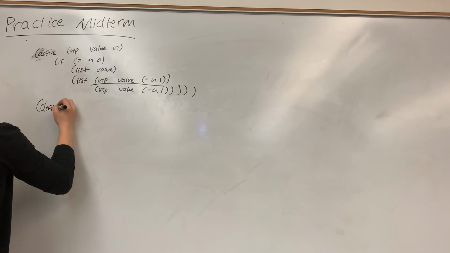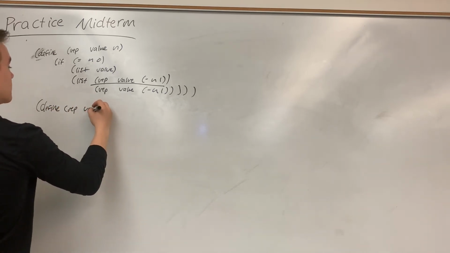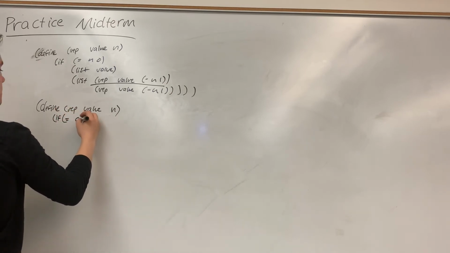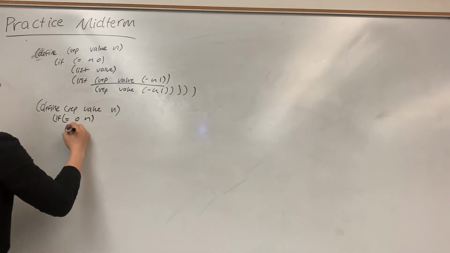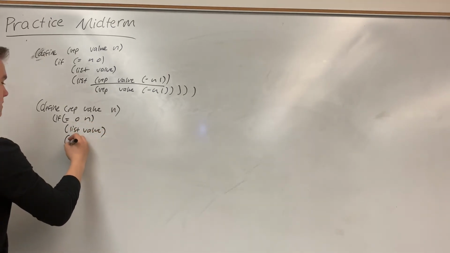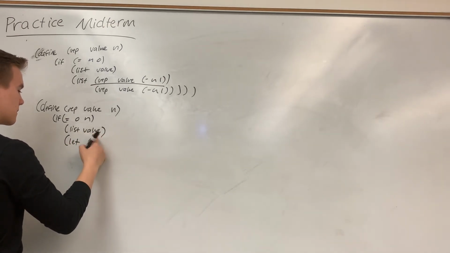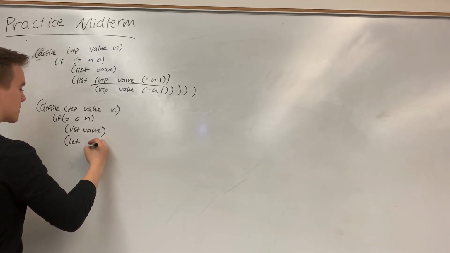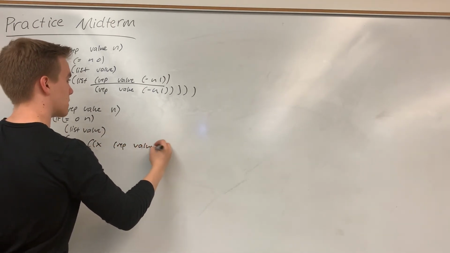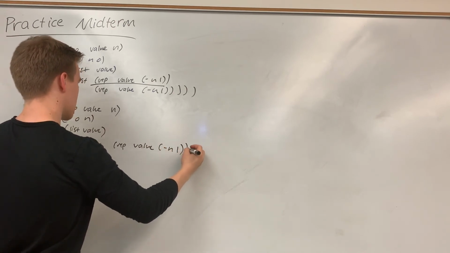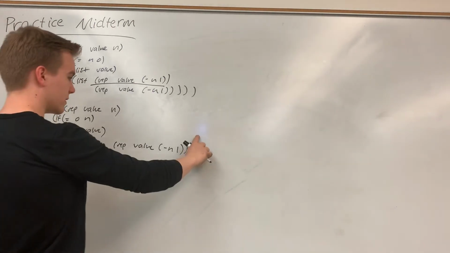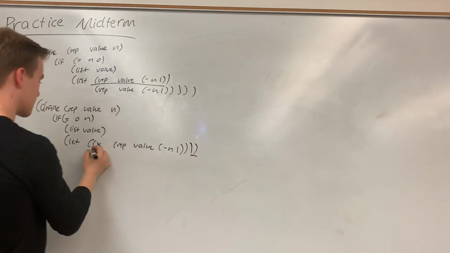A lot will be the same. I'll say define rep value n, if equal 0 n, or n 0, whatever, list value, that doesn't change. But then my else is going to say let x be rep value minus n 1, and then I'll close these parentheses, or leave one over, so these correspond to these here.